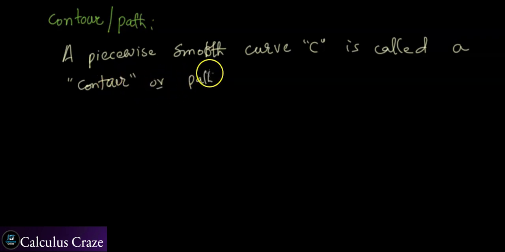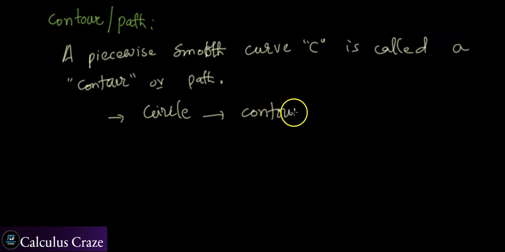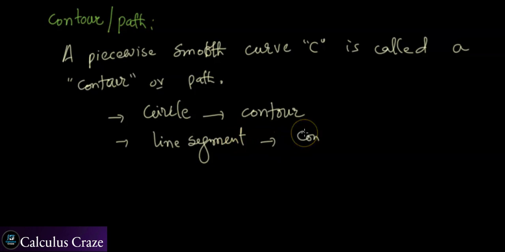So whenever we have a piecewise smooth curve, we will call it a contour. We have seen that a circle is smooth, so it can be called a contour. If you take a line segment between 2 points, which is smooth, then you can also call it a contour, right? So that's how you can define a contour.